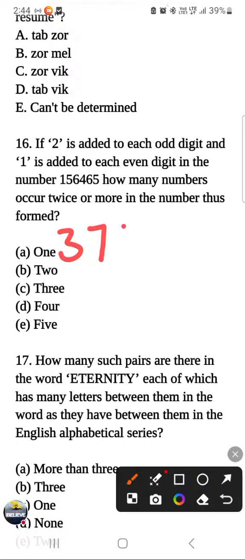So 6 has to be 7, 4 has to be 5, 6 has to be 7, and 5 has to be 7. Am I right? 3, 7, 7, 5, 7, 7. So there is only one number which is repeating more than twice. So option A is the correct answer.